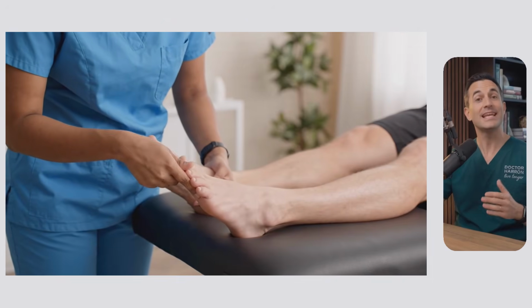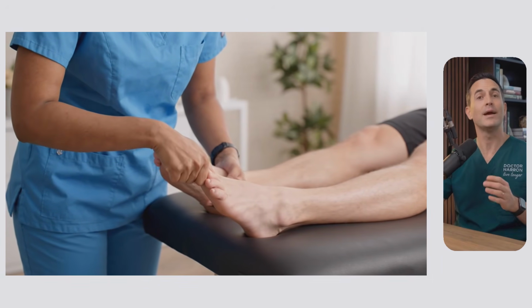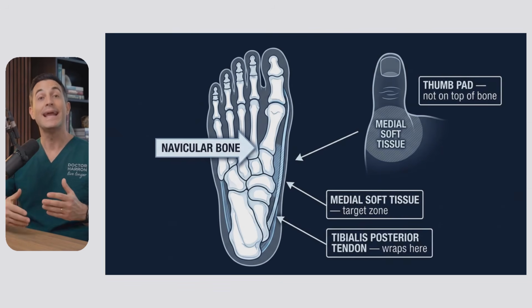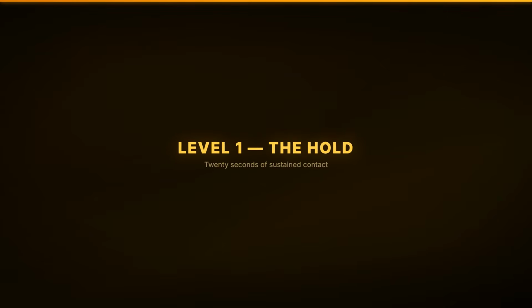In most people, it's easy to find because it is the most prominent bony landmark along the medial foot. Place the pad of your thumb directly on it, not on top of it, beside it, slightly below, in the soft tissue immediately surrounding the bone. This is where the tibialis posterior tendon wraps and where the fascial density is highest.